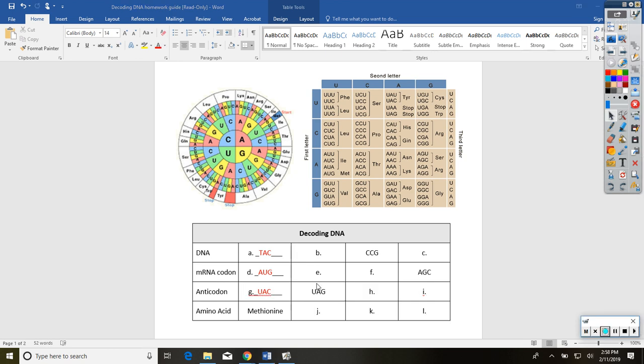Moving on to the second column, the anticodon, the tRNA that we have is UAG. So I'm going to build my mRNA first, and the mRNA that goes with that: U pairs with A, A pairs with U, G pairs with C. Now from the mRNA, we can find the DNA or we can find the amino acid.